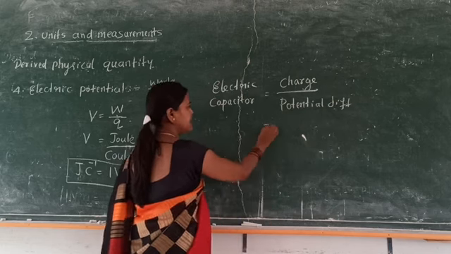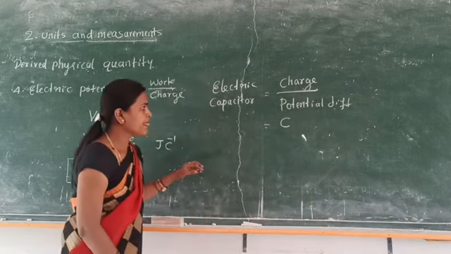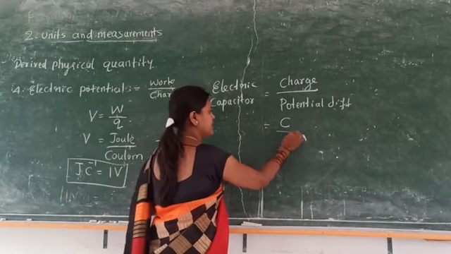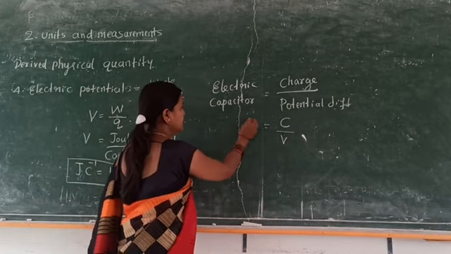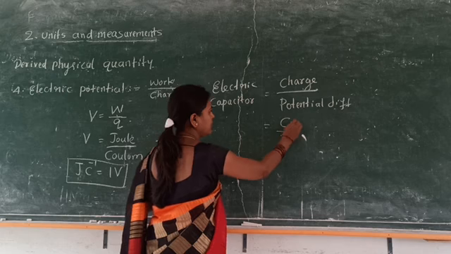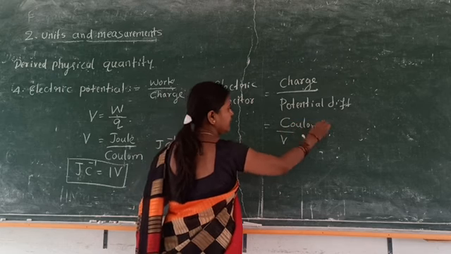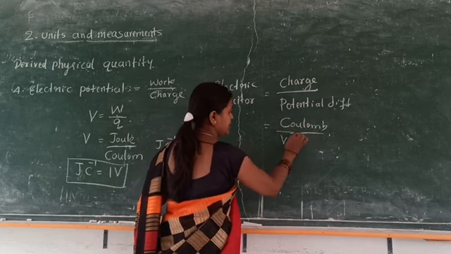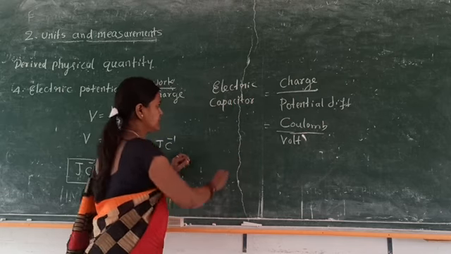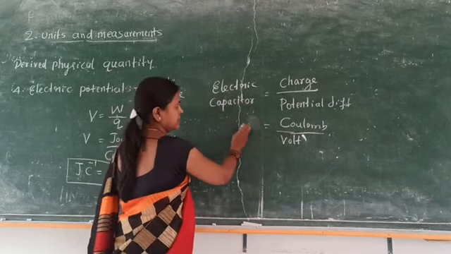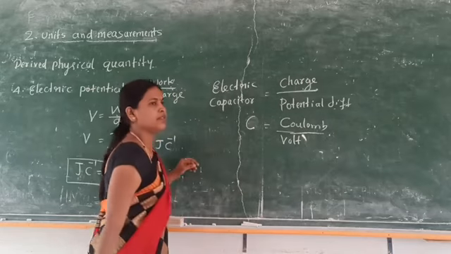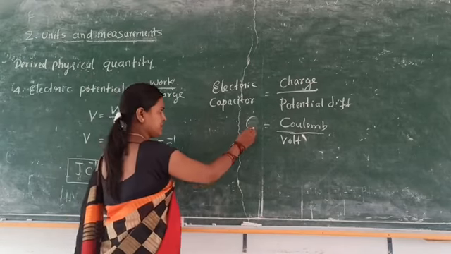We know that charge is measured in coulomb and potential difference is in volt. So charge in coulomb and potential difference in volt gives C, which is the capacitance of a capacitor.